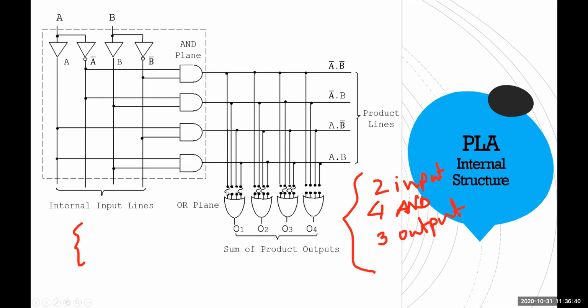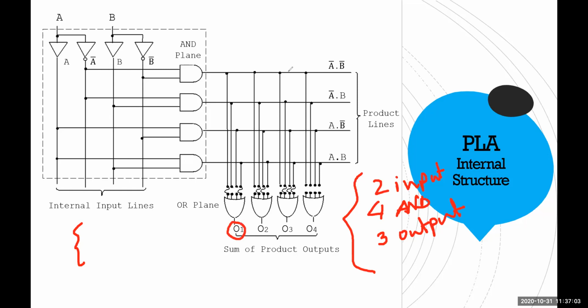That's why the fuse remains. The next one is A bar B. We do not need it, so that is gone. Next one is A B bar. We do not need it, so it is gone. Next is AB. We need it, so it will remain. So the connections that remain are A bar B bar and AB. So this is our O1.